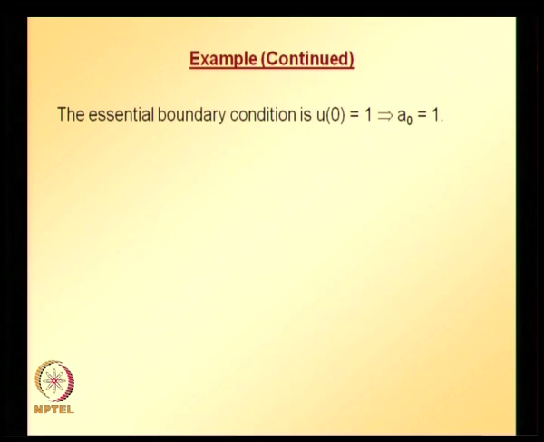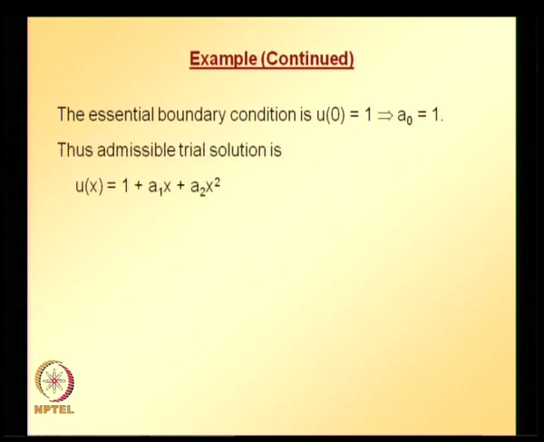So your admissible trial solution becomes 1 + a1 x + a2 x squared. Again, your job is to find a1 and a2. Once you go through the whole process and find these unknown coefficients, you come back to this equation, back substitute a1 and a2 into it, and you will get the approximate solution for this problem.